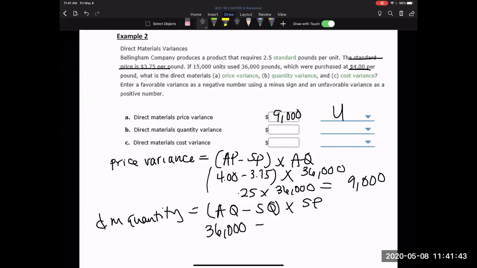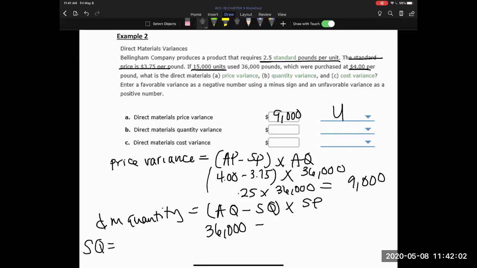And our standard quantity, well, we got to do some calculation, right? Because it's going to be 2.5, our standard pounds per unit, times the number of units that we made. So I'm going to put it over here.